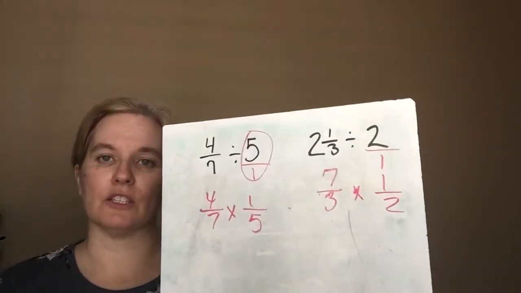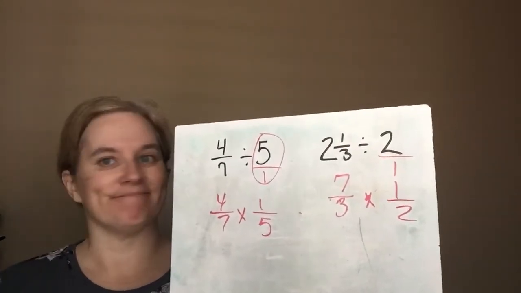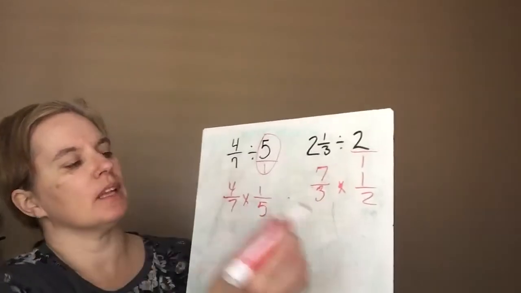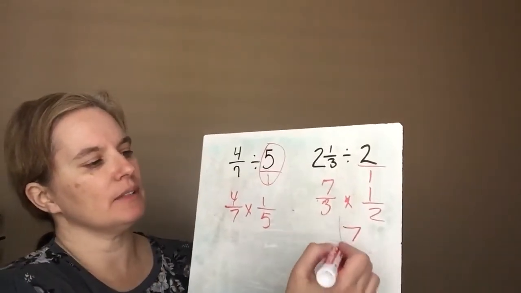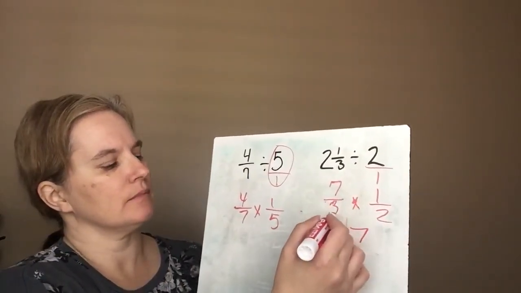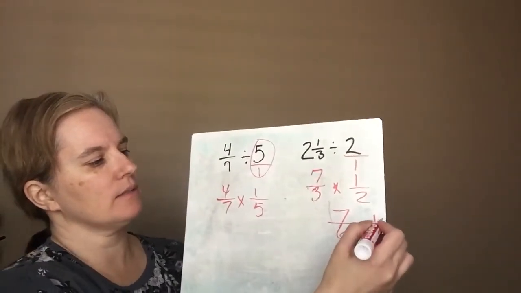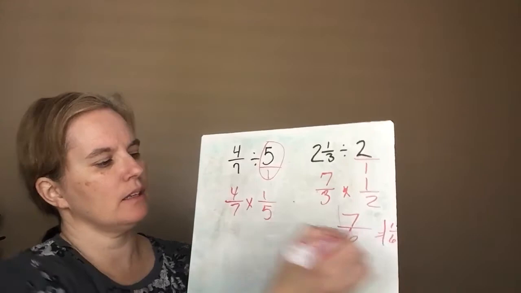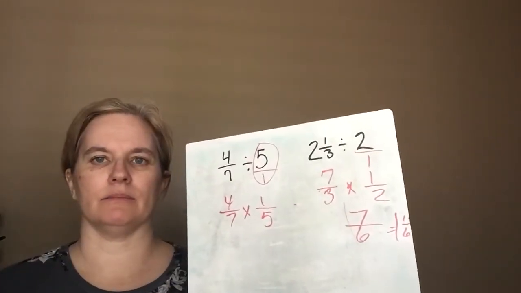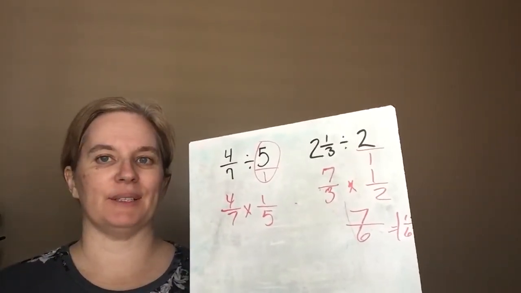Do you see anything that you can cross cancel? That's right, nothing there. So 7 times 1 is 7. 6, and then fix it. Change it back to a mixed number. That's all you gotta do.